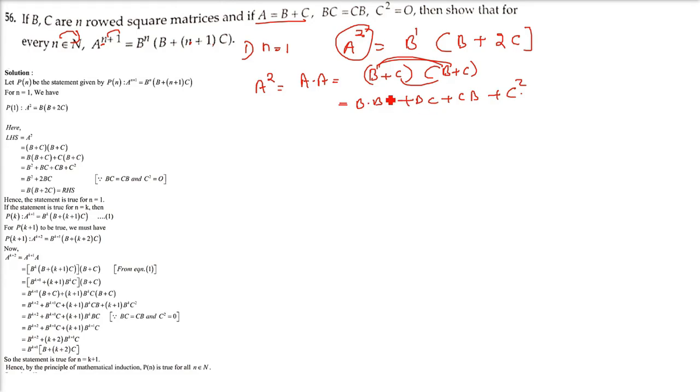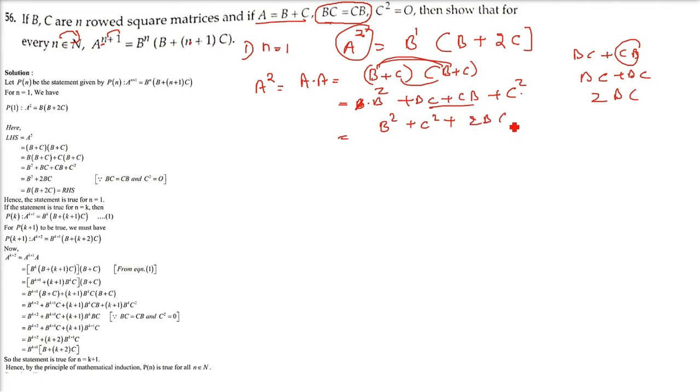Now, BC equals CB is already given in the question. And C square is also given as 0. So CB can be written as BC. BC plus BC is 2BC. So you have B square plus 2BC. And C square is 0 because it is given in the question.